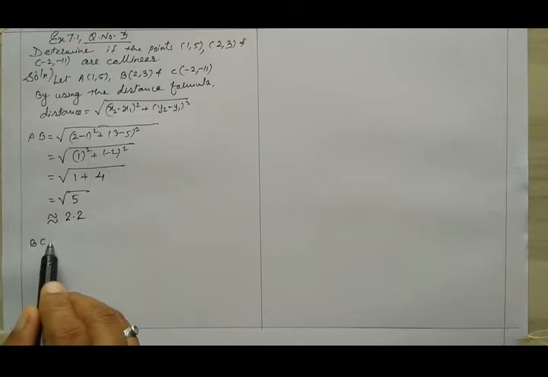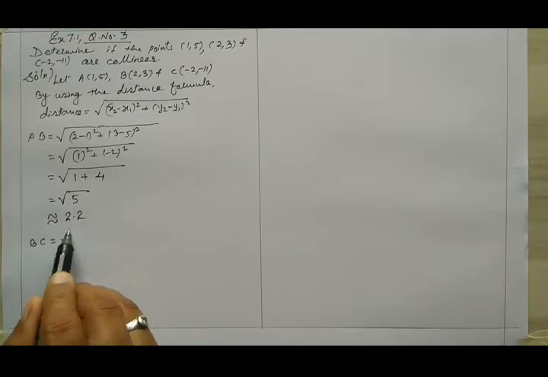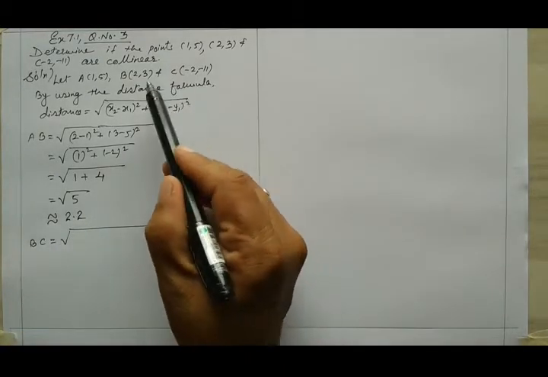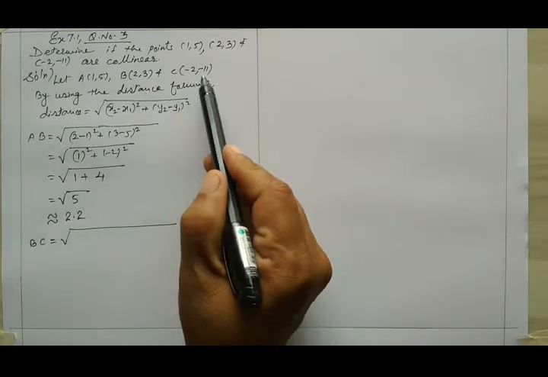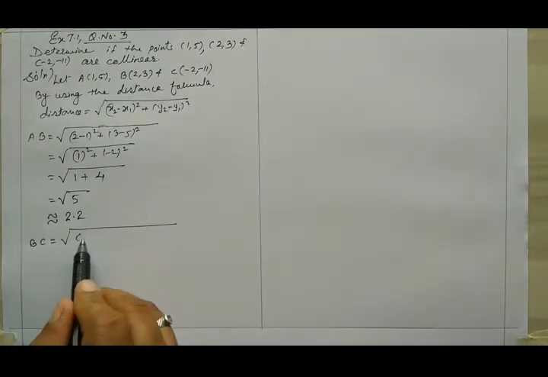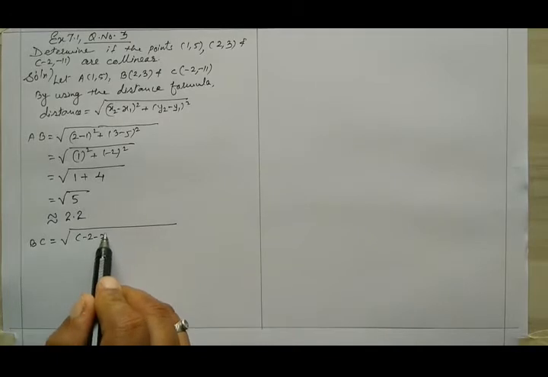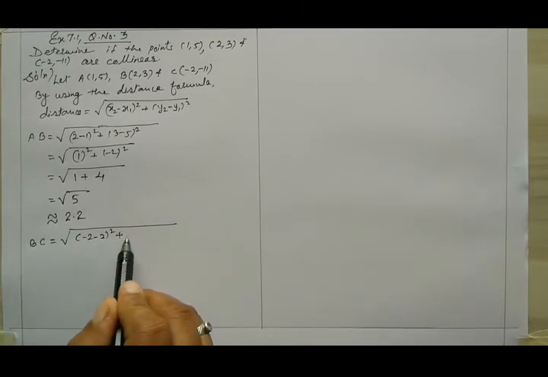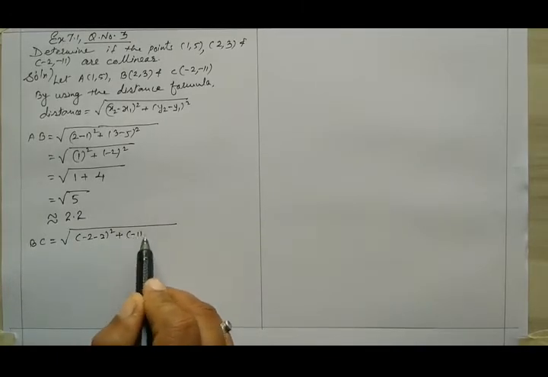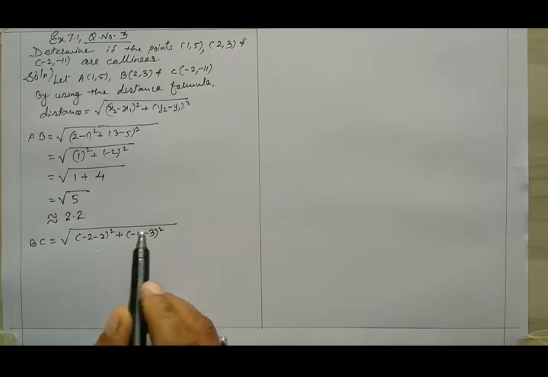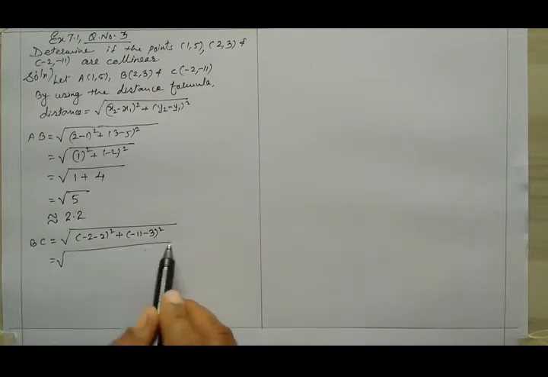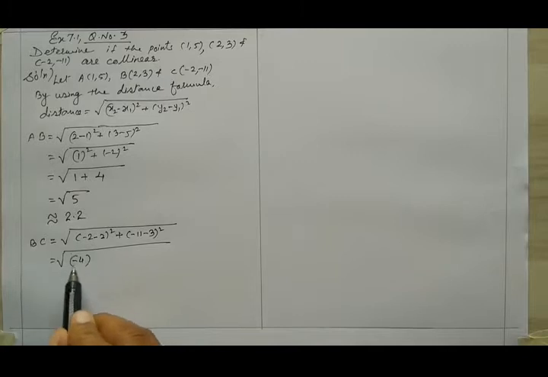So for calculating distance BC, consider this as x1 y1 and this as x2 y2. So under root minus 2 minus 2 whole square plus minus 11 minus 3 whole square, so under root minus 4 square plus minus 14 square.